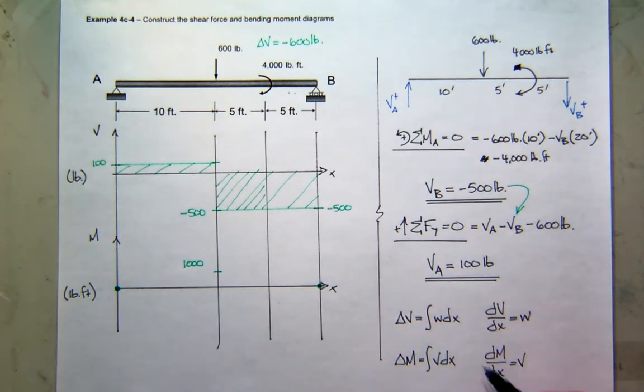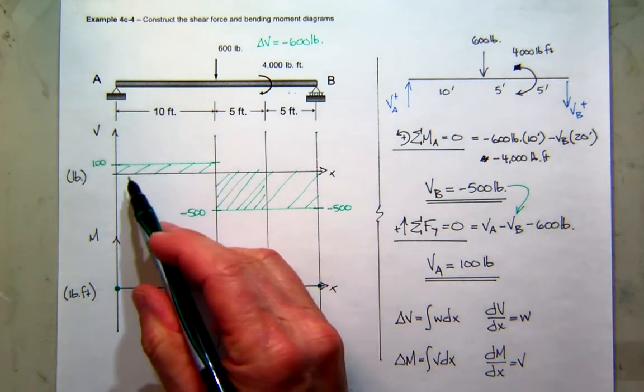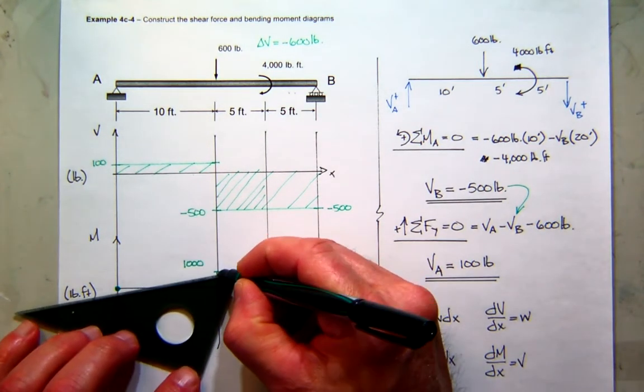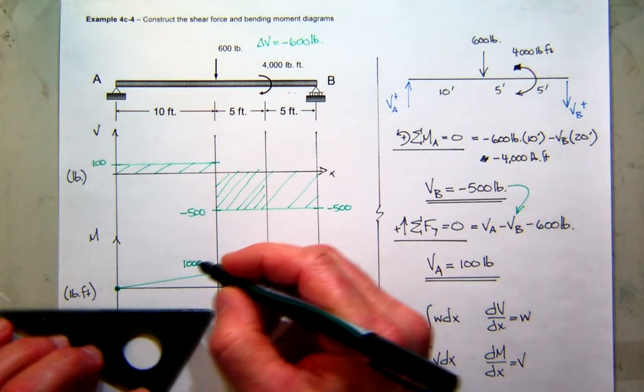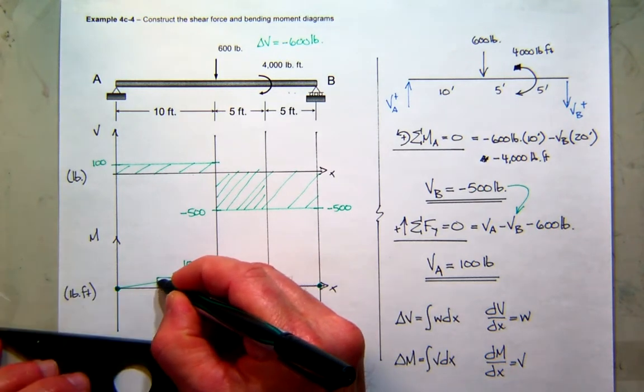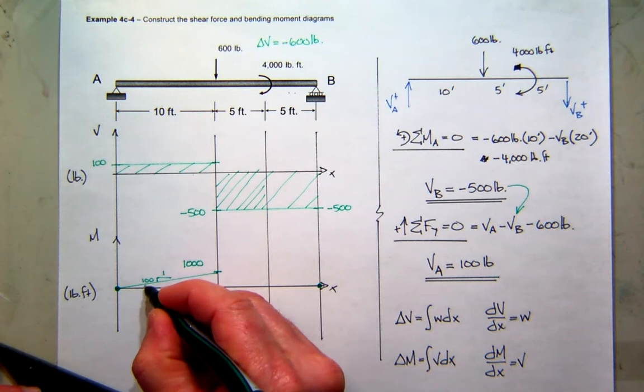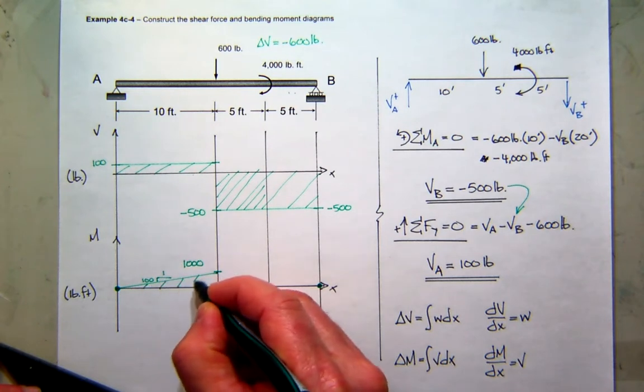And the slope of the moment diagram is the shear, and the shear value is constant and positive. So again, if we looked at this, we would see that it would go up 100 feet for every foot it goes across. So there's that part of my moment diagram.